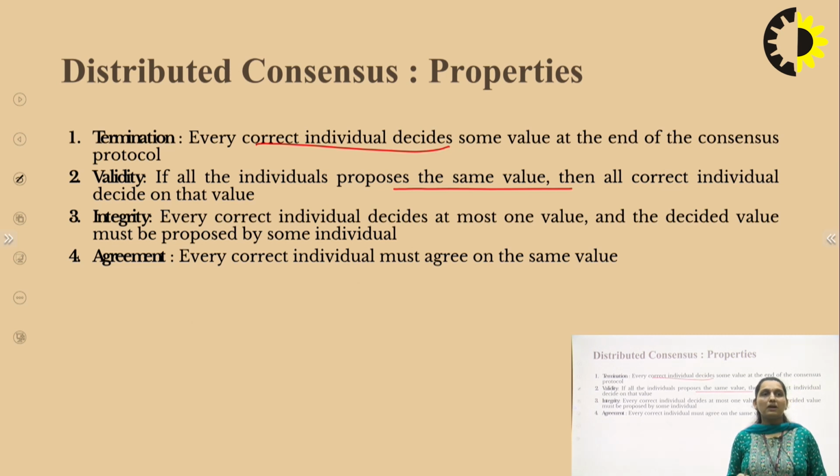Next one is agreement. Every correct individual must agree on the same value. So you have to make sure all these four parameters are satisfied when we use distributed consensus. We are using it in blockchain.